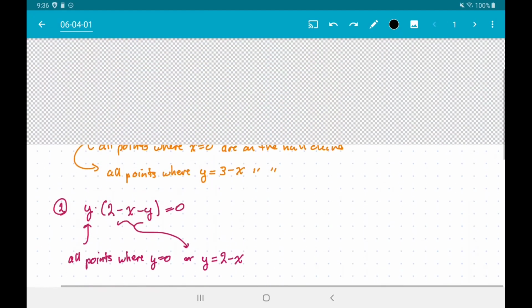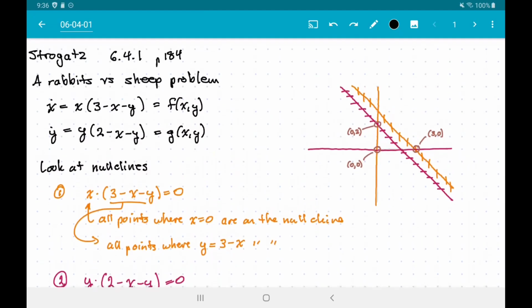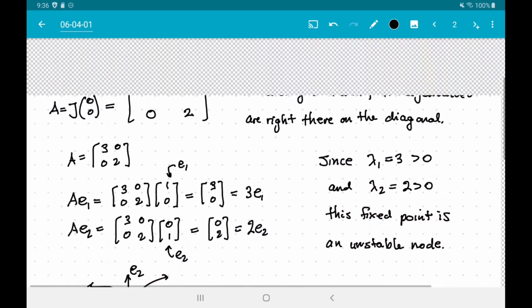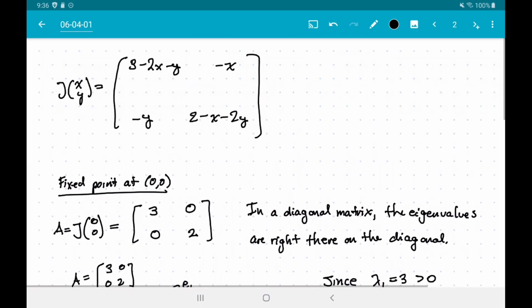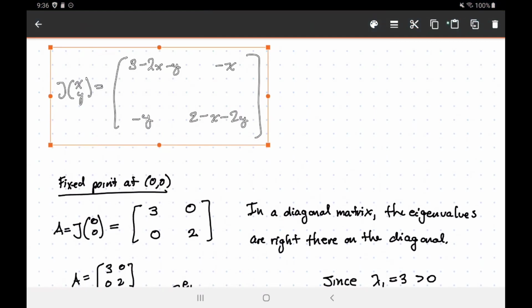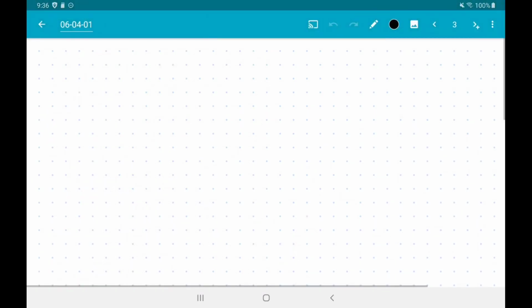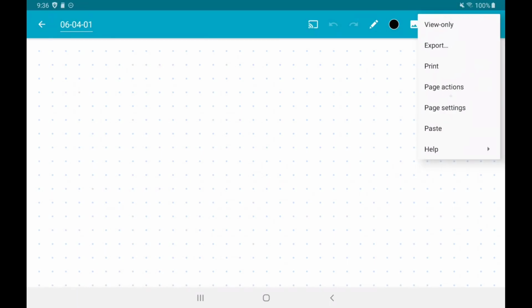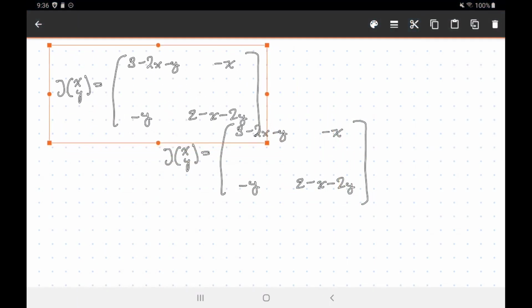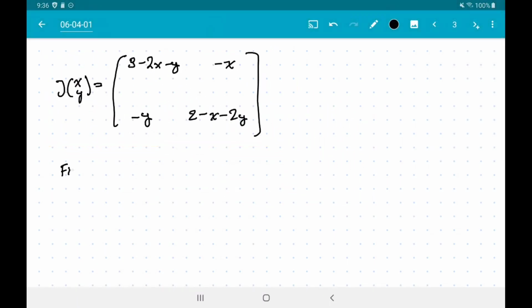Now our second fixed point, we come back over here. Well, we've got two more to choose from. Let's take a look at 3, 0 next. Okay, and let me do the same thing. I'm going to copy this, create a fresh page in my notebook, and paste. Okay, the fixed point at 3, 0.